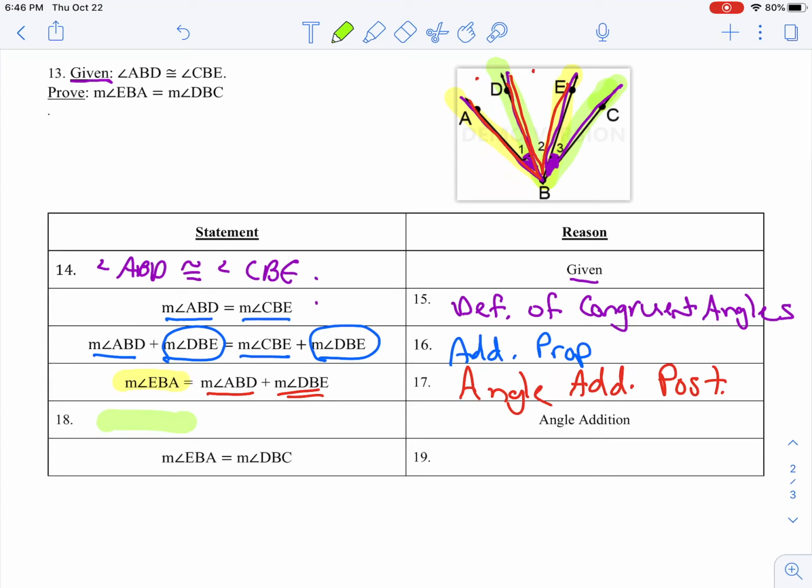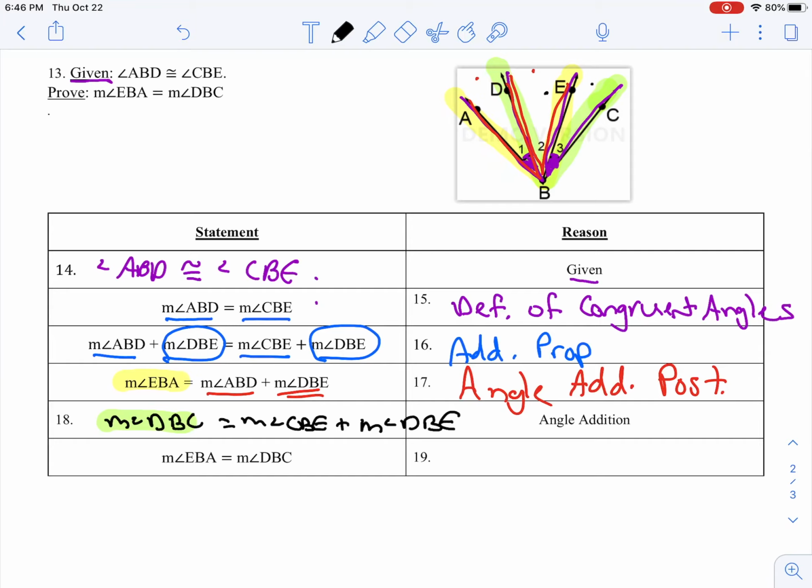So we're going to put in here that the measure of angle DBC is equal to the two pieces right here, here and here. So we can name those angles as the measure of angle CBE plus DBE. So we've got angle addition twice.